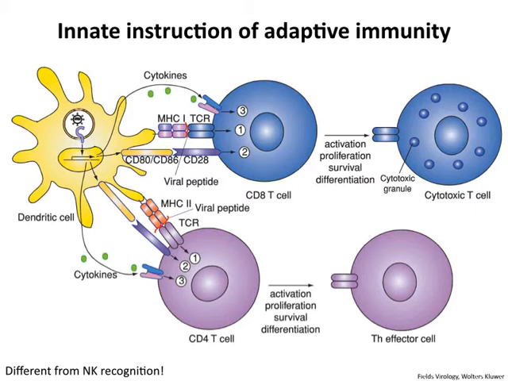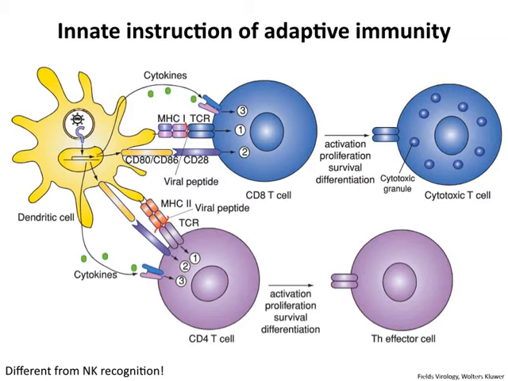One last point I want to make about this: it's very different from the NK cell recognition that we talked about yesterday. Remember, NK cells are part of the innate system. NK cells will recognize infected cells, but not by virtue of viral peptides displayed on MHC. NK cells are antigen independent in their recognition.